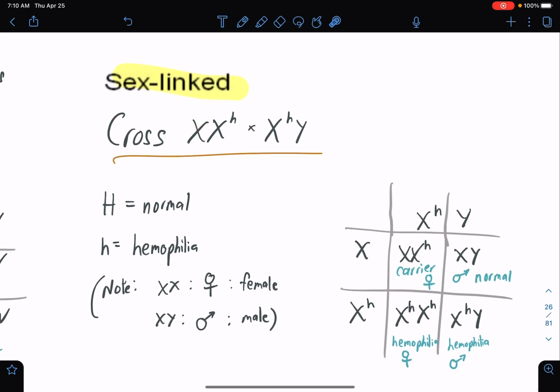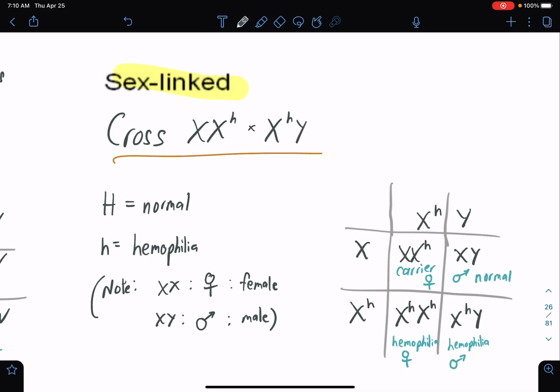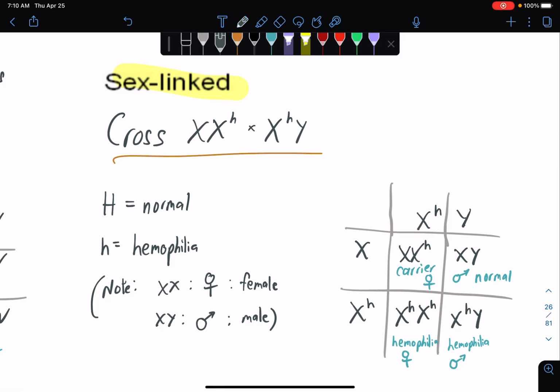So if you cross a female with hemophilia, I'm not sure if this is a female with hemophilia or perhaps just a carrier. Yeah, definitely a carrier, because if someone has hemophilia for females, it has to be XhXh, but that's not the case. I also want to tell this to you in advance.